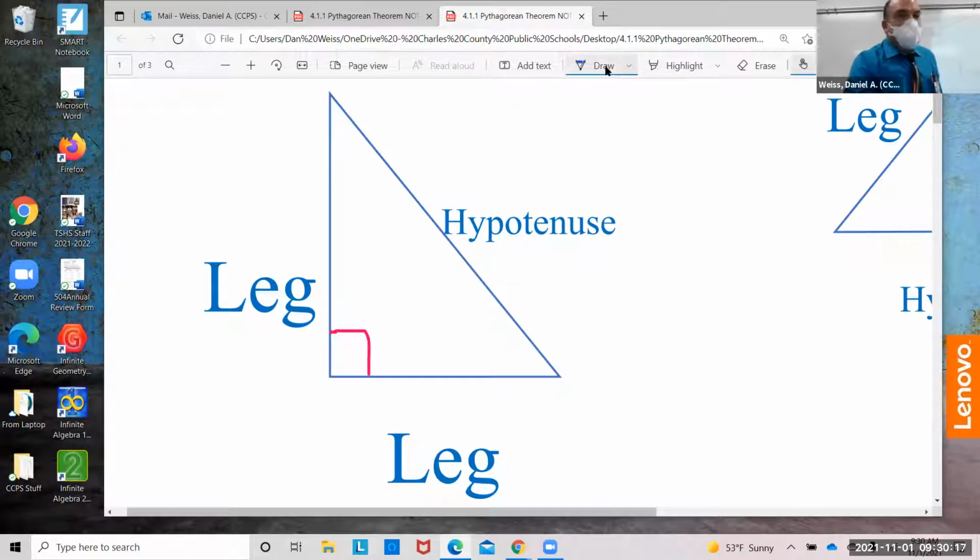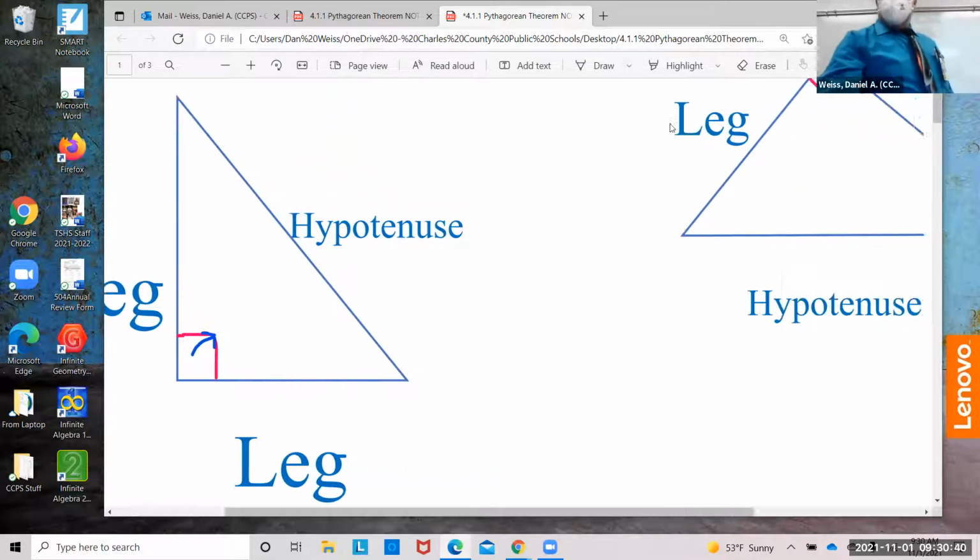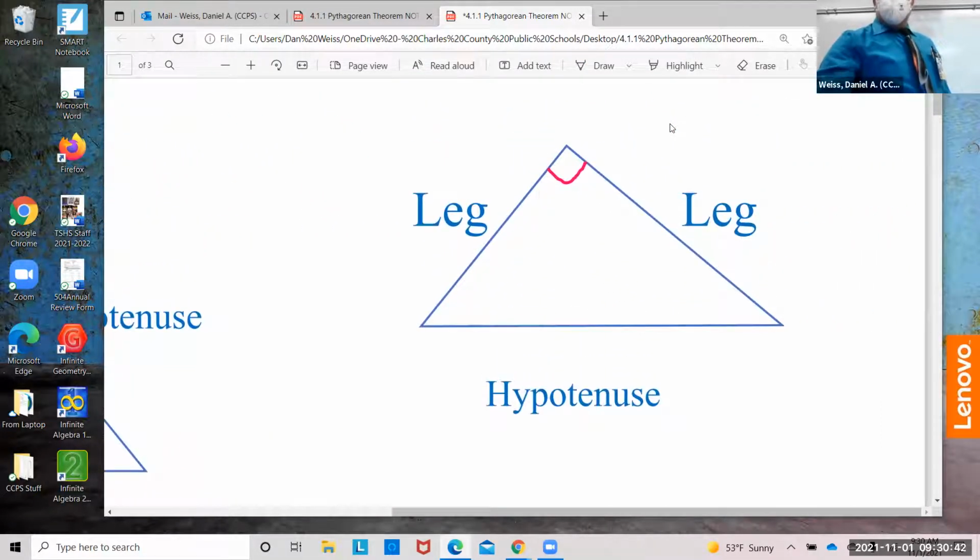We're going to do that ABC thing. See how this points to the hypotenuse? The right angle points to the hypotenuse. Now, what if it looked like this?